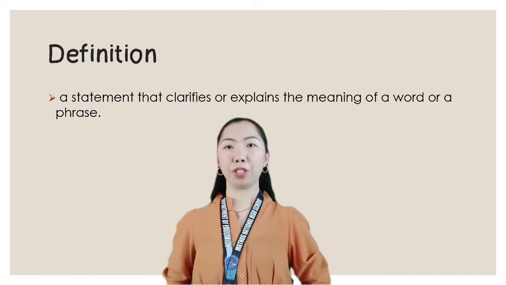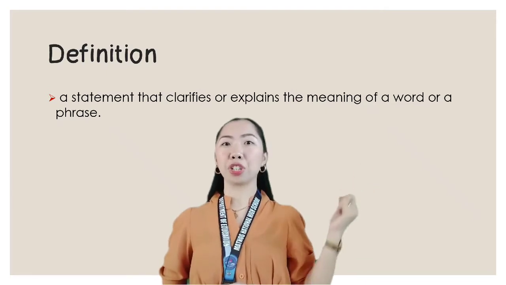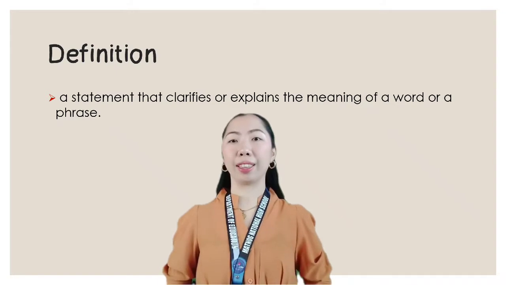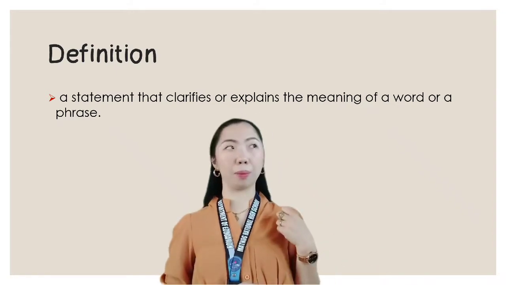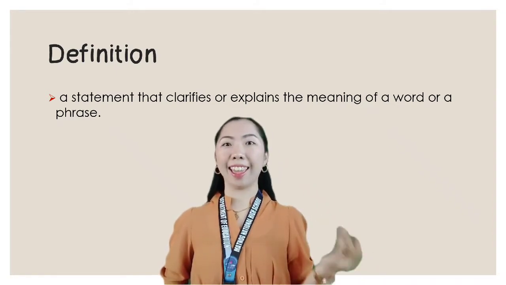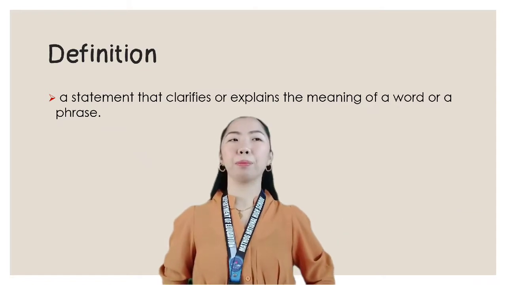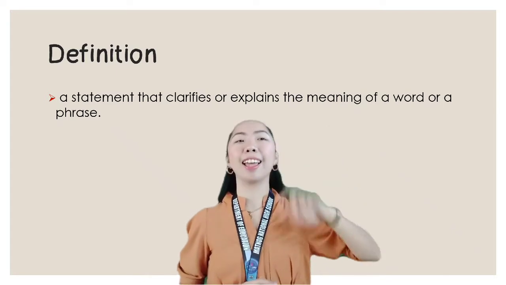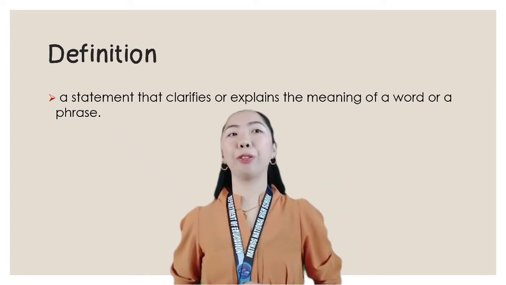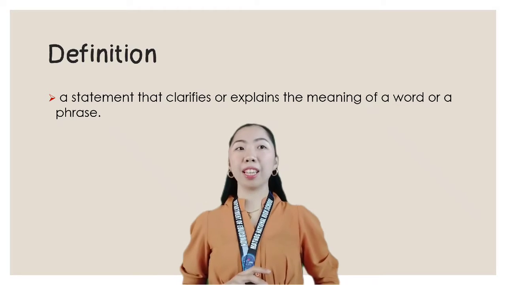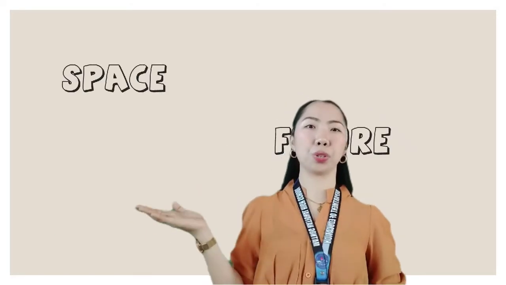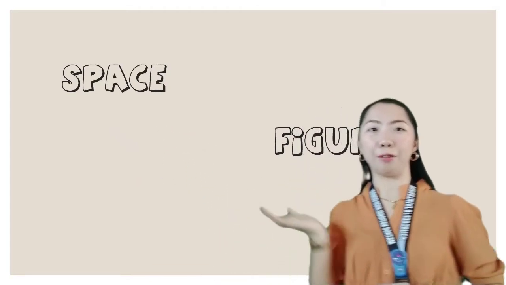So we have definition. Definition is what we give to those terms that we cannot understand earlier, just like for example point, line, and plane. Because definition is a statement that clarifies or explains the meaning of a word or a phrase. For example, these two words, space and figure.